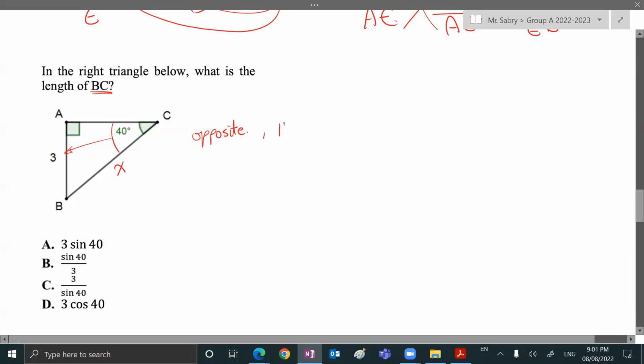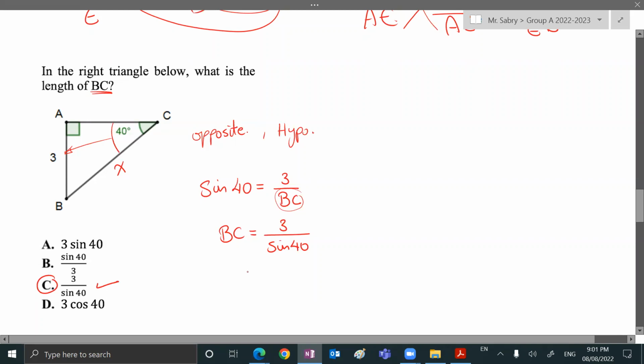So what has the hypotenuse and an opposite in its ratio? It's the sine. So sine of this angle 40 equals the opposite over the hypotenuse, which is BC. If I need to find BC, it equals 3 divided by sine 40. So the answer is C.